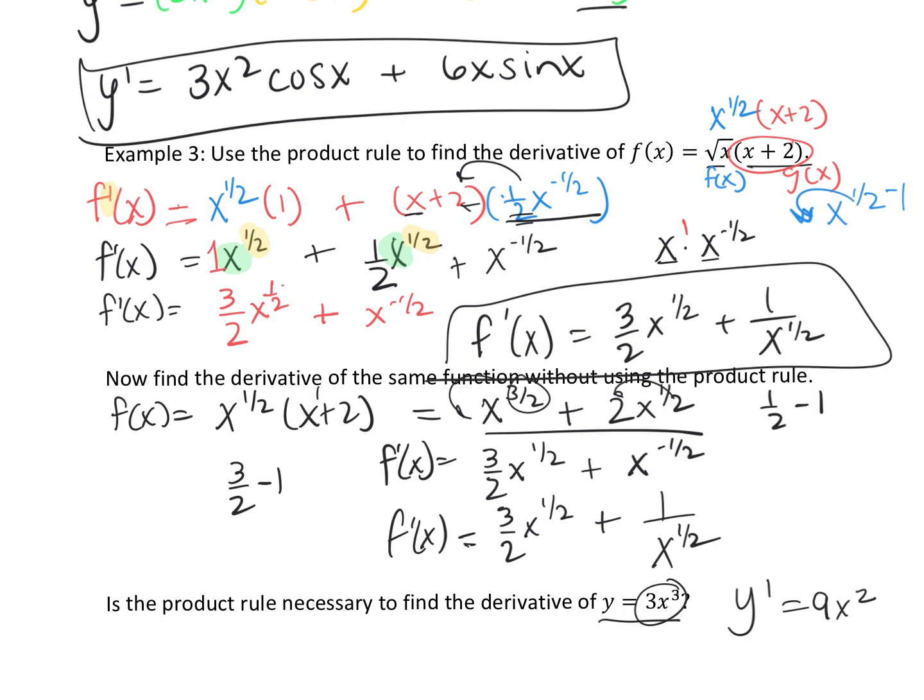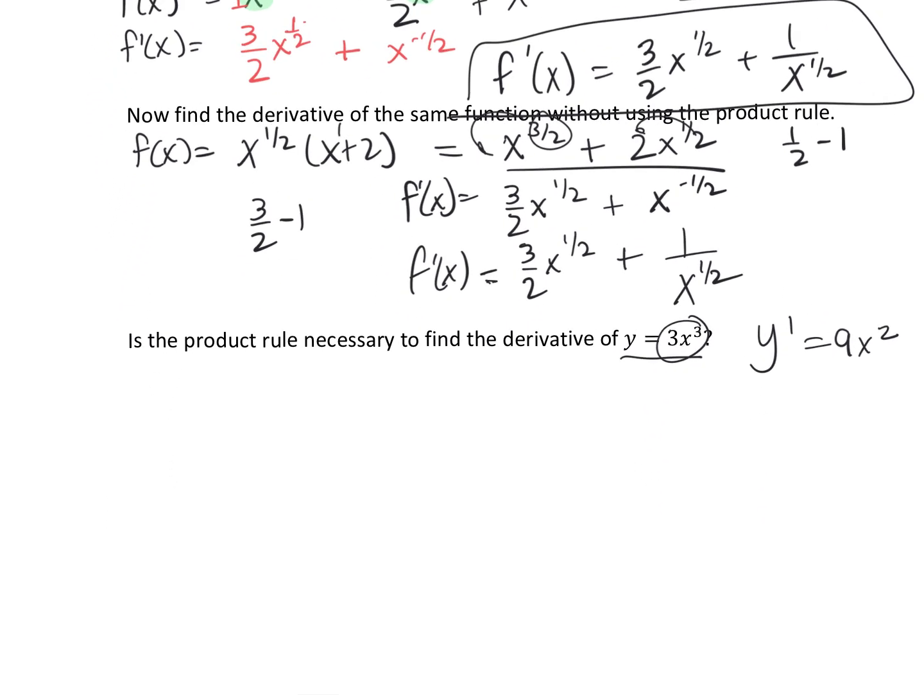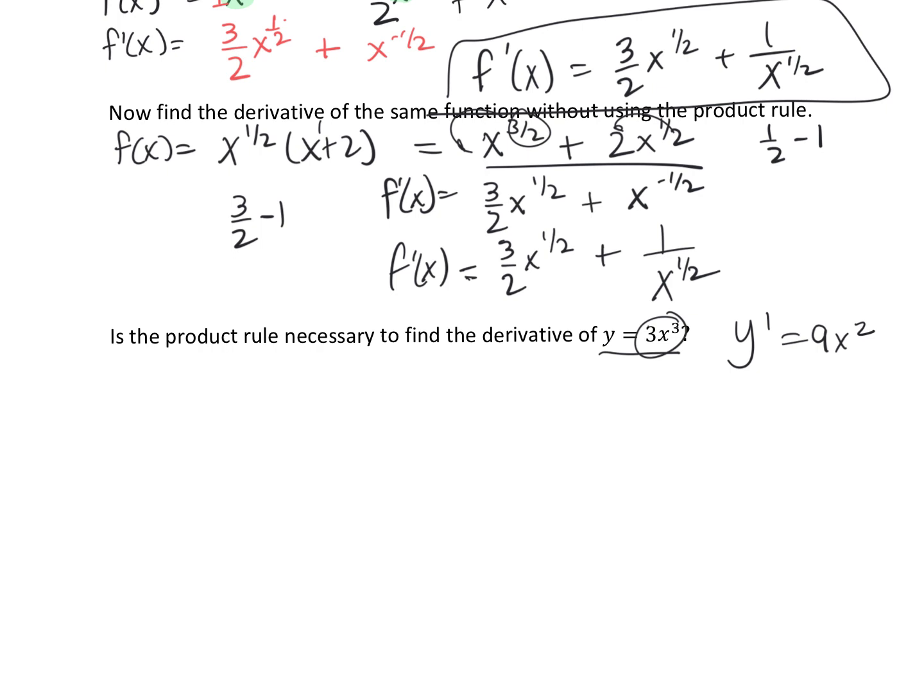Now I want to look at it, say if you did use the product rule, and it's not wrong that you do this, but you don't really necessarily need to, because you could say that this is f of x, and you could say that this is g of x. Well, it's going to be the same rule that we do, so we keep the first, which is 3, times the derivative of the second. Well, what's the derivative of x cubed?